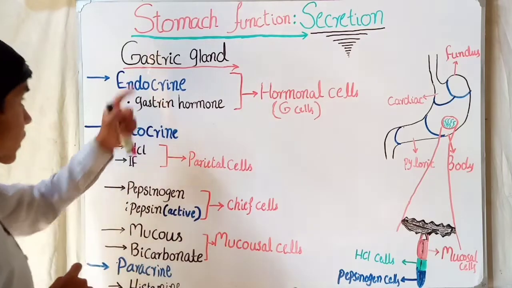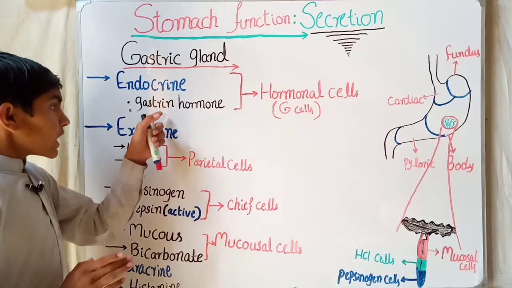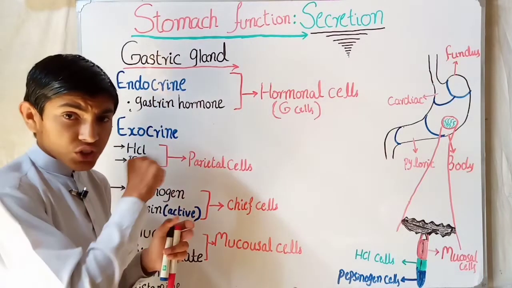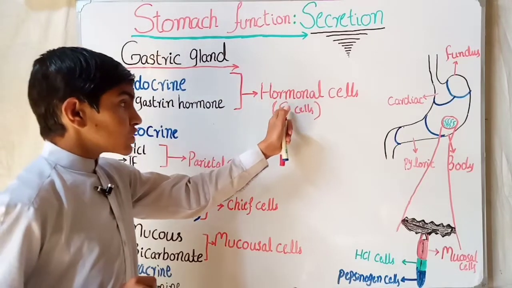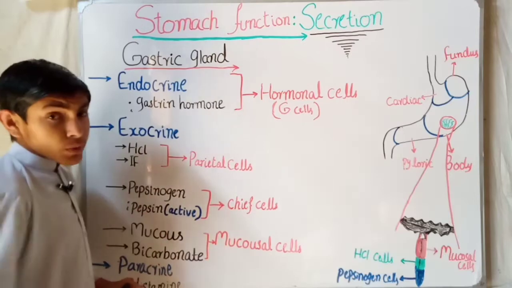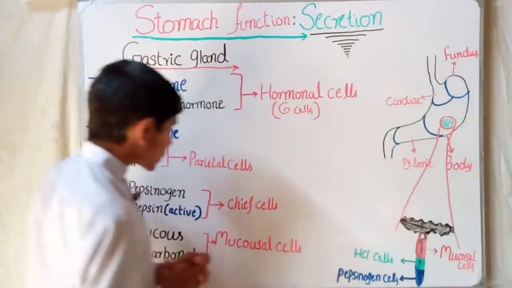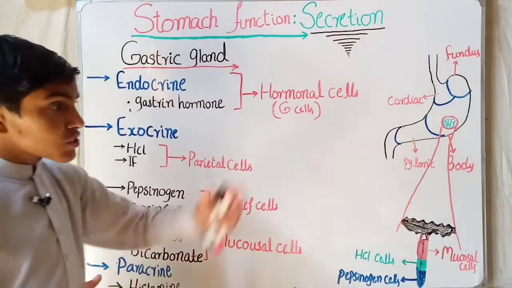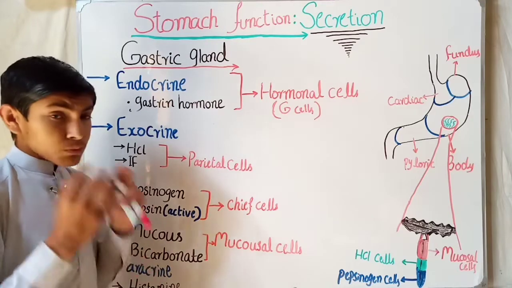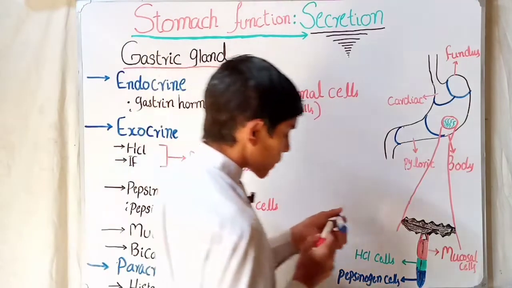Now, how does it serve endocrine? In endocrine it serves as a secretion of the gastrin hormone, which is secreted by the G cells, also called hormonal cells. This is the master hormone which stimulates all the enzymes and chemicals present in the stomach in order to chemically break down the food into small particles, and mainly this hormone is present in the pyloric part.